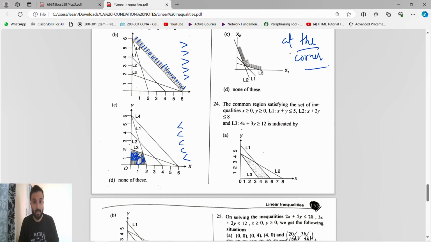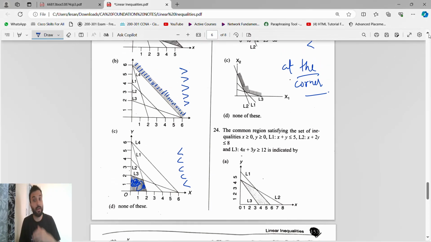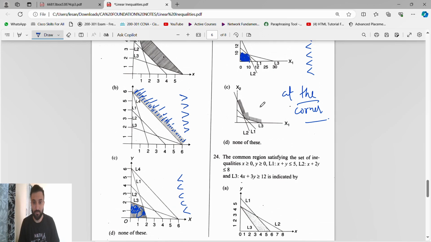See, if all the symbols are greater than, all will be outwards. Like this example, see, here also all are outwards, so all symbols are greater than. Okay, so this type of graph happens when all the symbols are greater than.